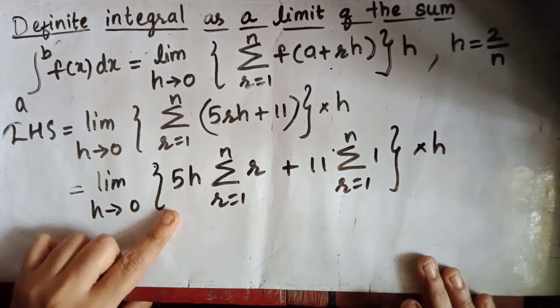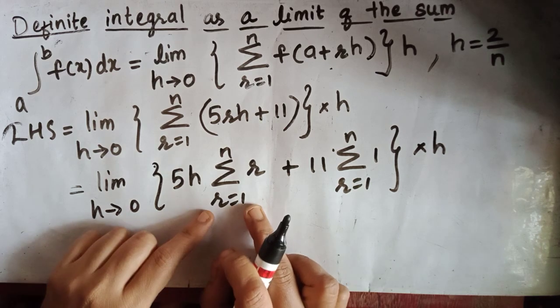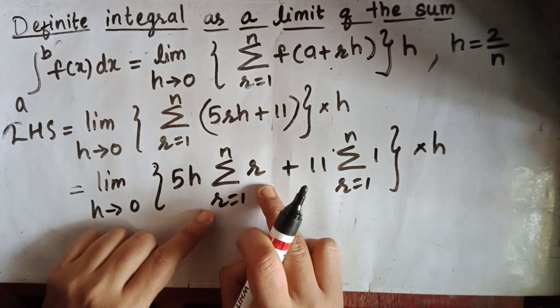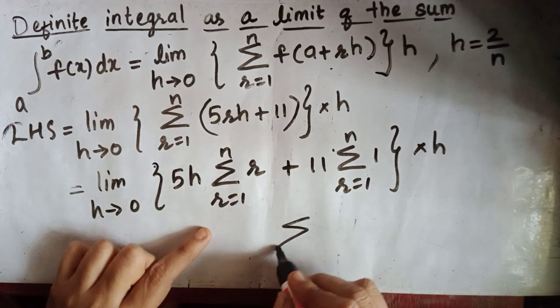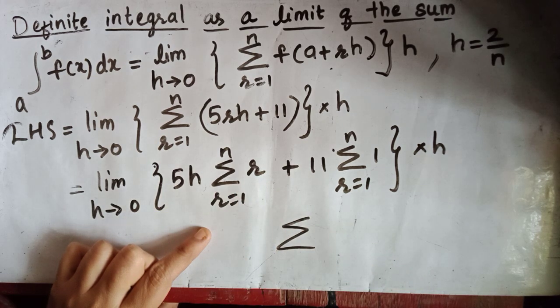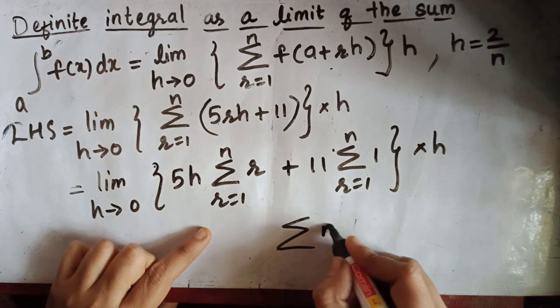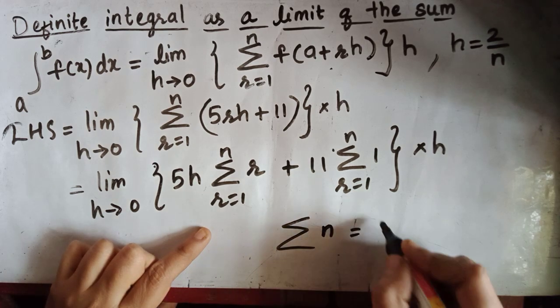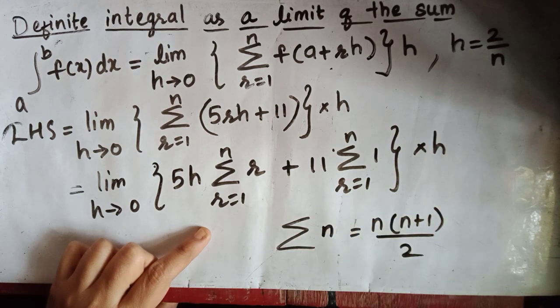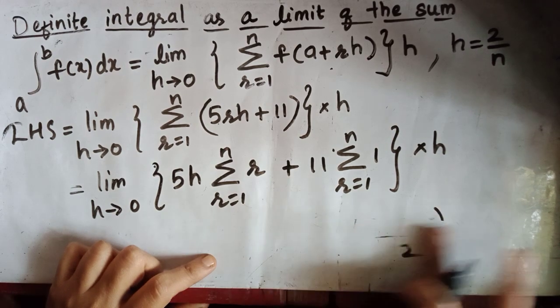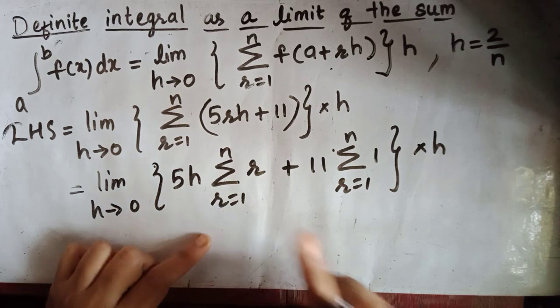Summation of r is the series of n, which is given by n into n plus 1 by 2.